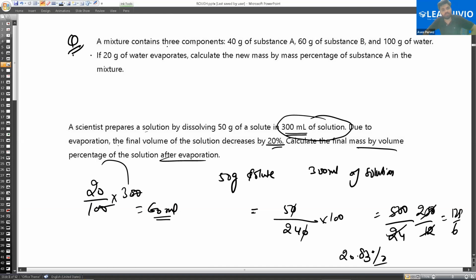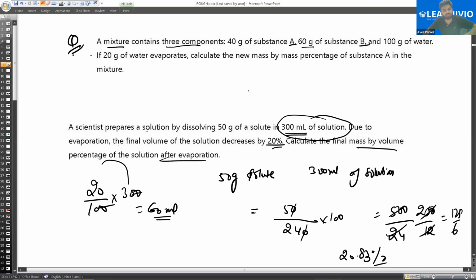A mixture contains three components, 40 grams A substance and 60 grams B substance and 100 grams water. If 20 grams of water evaporates, calculate the new mass by mass percentage of the substance A in the mixture.